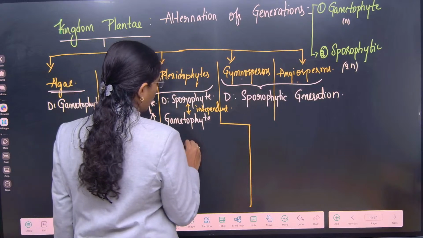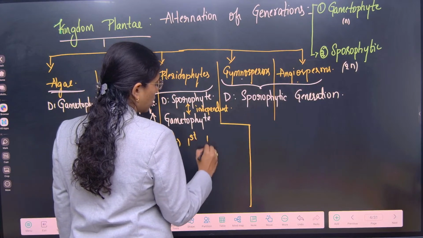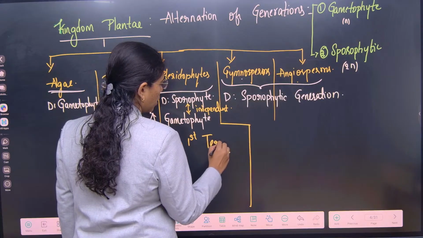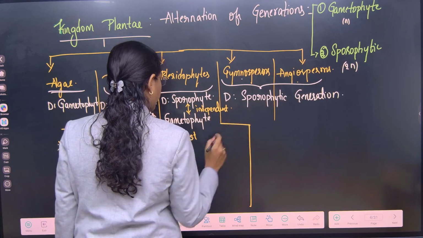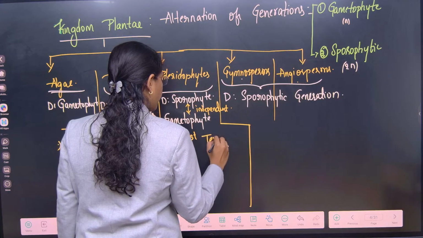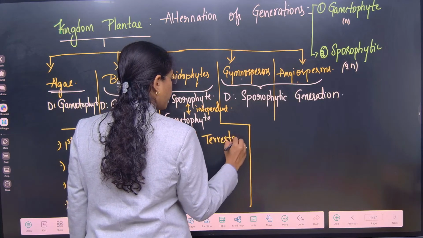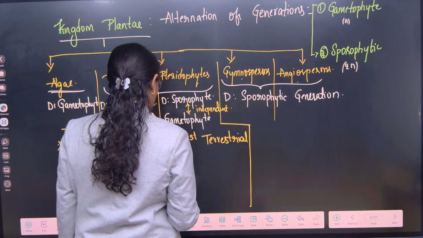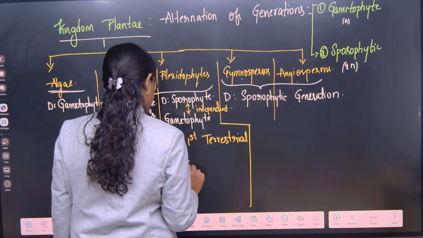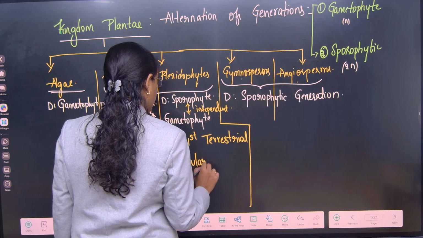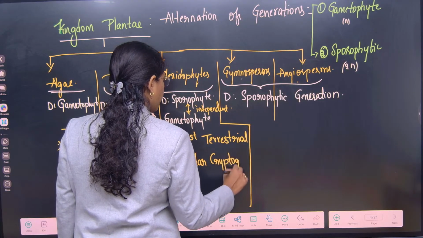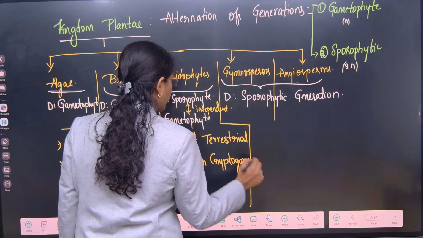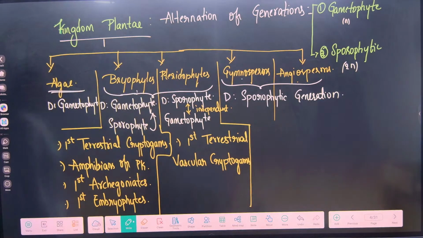These are the first terrestrial vascular cryptogams.